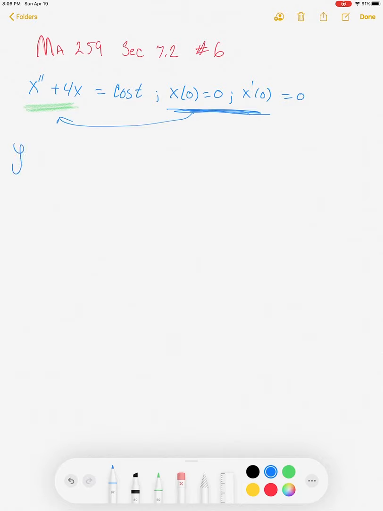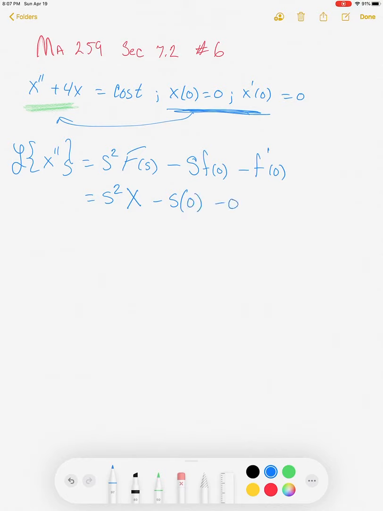So let's do this. Laplace transform of x, the second derivative. We already found this part. That's s squared times F of s minus s to the first times lowercase f of 0 minus f prime of 0. That's that transform. And if I switch this to x's, I'd have s squared X minus s times f of 0, and f of 0 would be x of 0, so this would be 0 minus 0.